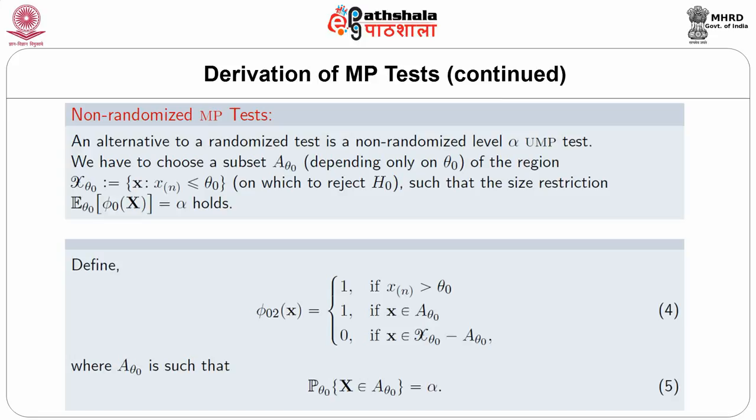So, you reject h naught here, and if x is outside this region A theta naught, that is within this script x theta naught, then it is 0. So, phi naught 2 x is 1 if x order n is greater than theta naught, and 1 if x belongs to A theta naught, and 0 otherwise. And A theta naught is such that the probability of x belonging to A theta naught is alpha.